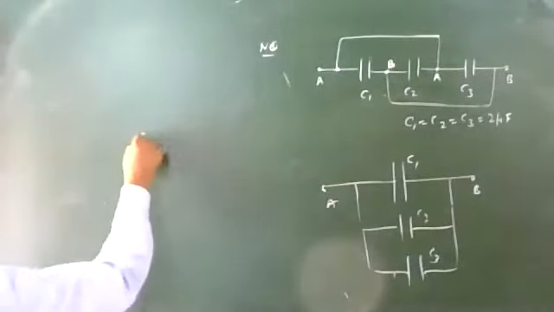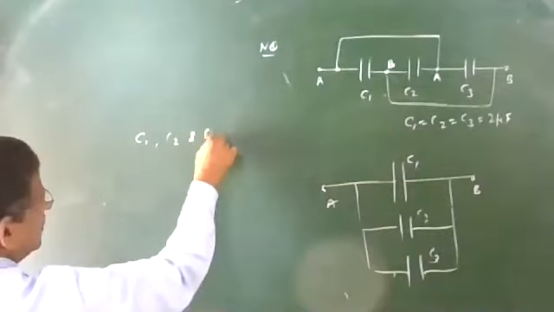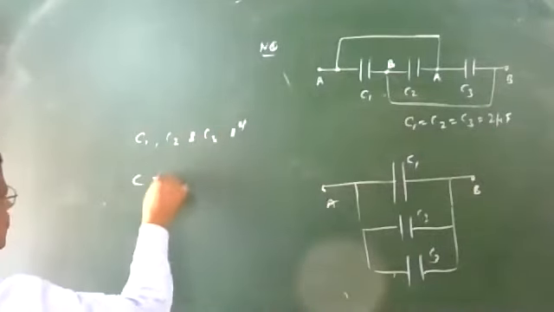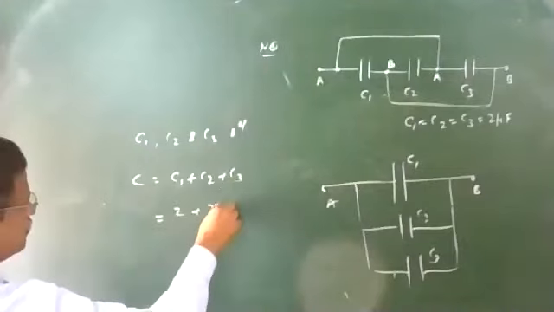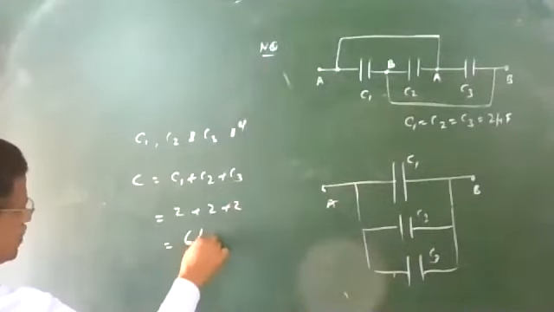Now C1, C2 and C3 are connected in parallel. C equals C1 plus C2 plus C3, which is 6 microfarad.